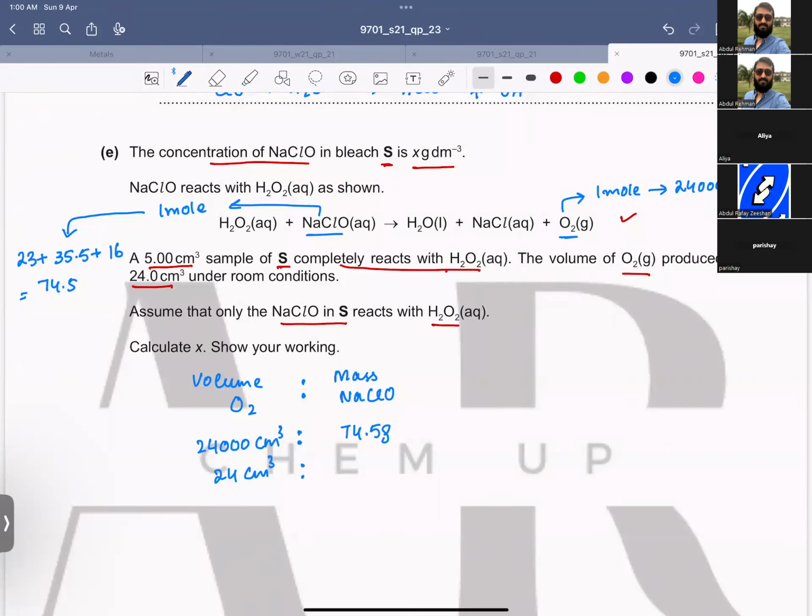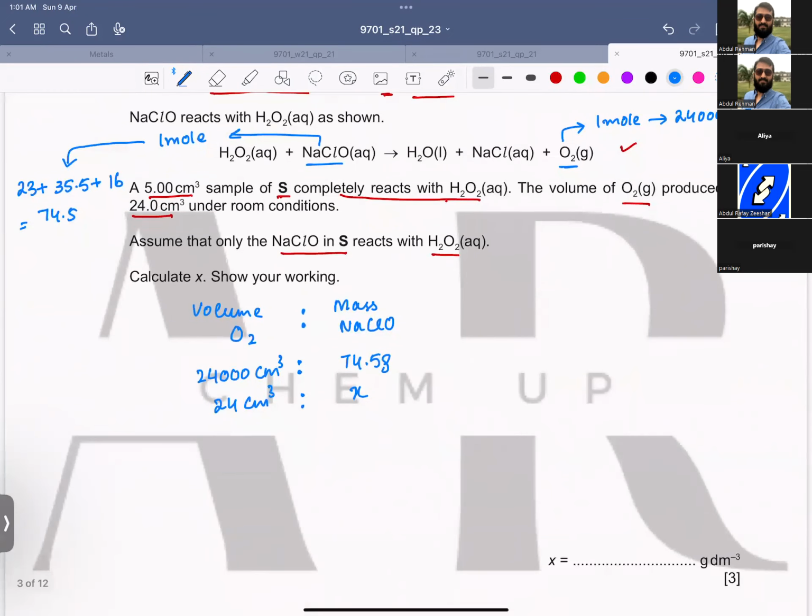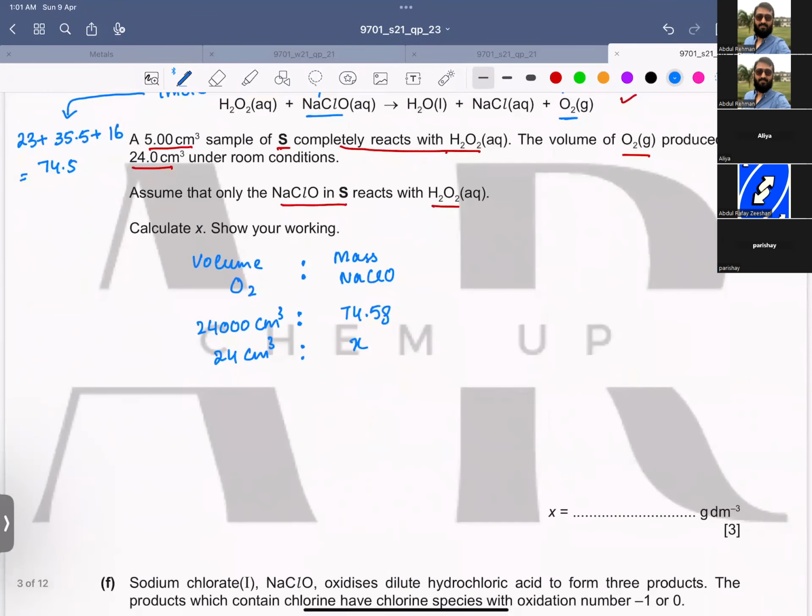So the mass of NaClO used must be found. First, I will find the mass of NaClO, which would be equal to 24 times 74.5 divided by 24,000. So can anybody calculate the answer and tell me this mass of NaClO?